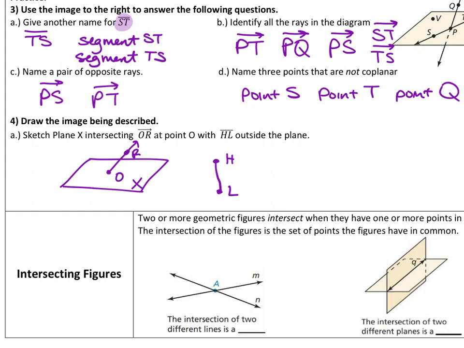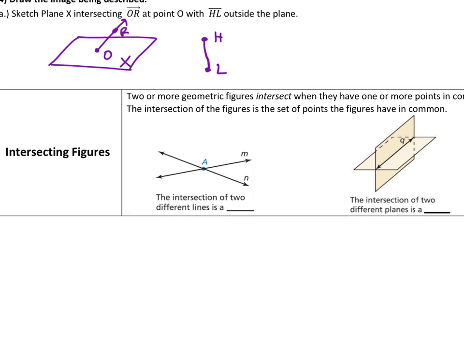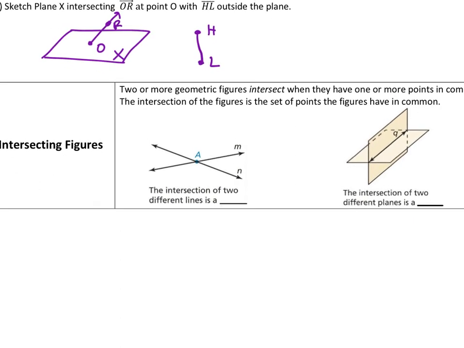Now we have just one more definition, which we've kind of gotten to for some of them. Intersecting figures are when two geometric figures intersect or cross, when they have one or more points in common. The intersection of the figures is the set of the points the figures have in common. So if you have two lines and they cross each other, what does it make when they cross?